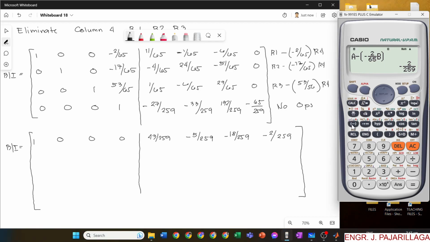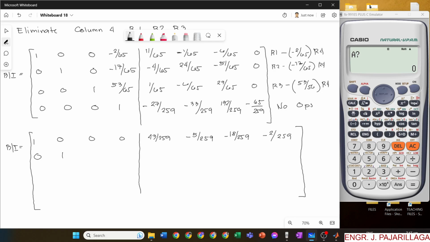So, that's still our alpha A minus negative 17 over 65. And then we have our row for say B. Okay. Then press calc. We have 0, 0. So, 0 na to. 1 minus 0 is 1. 0 minus 1. 0 minus 0.